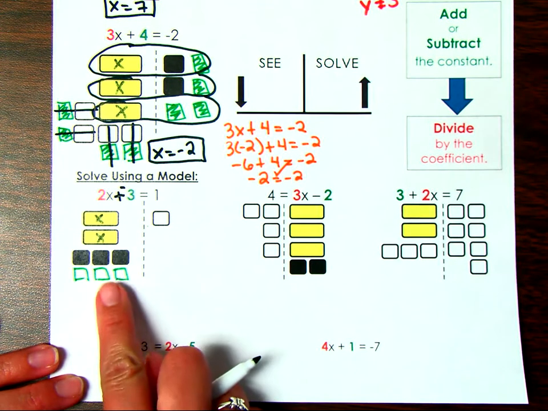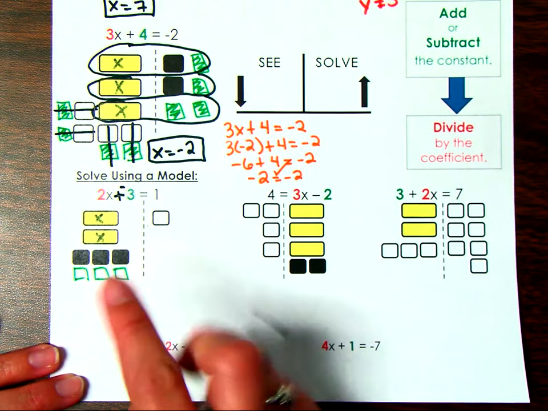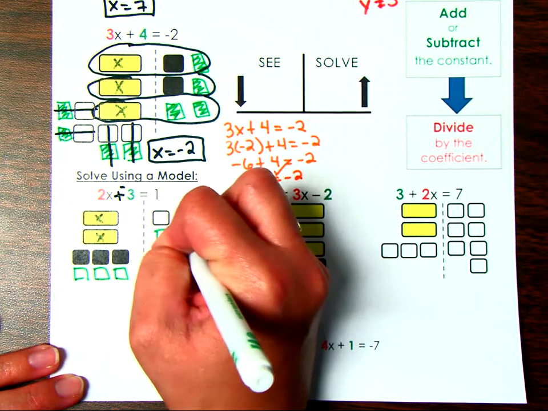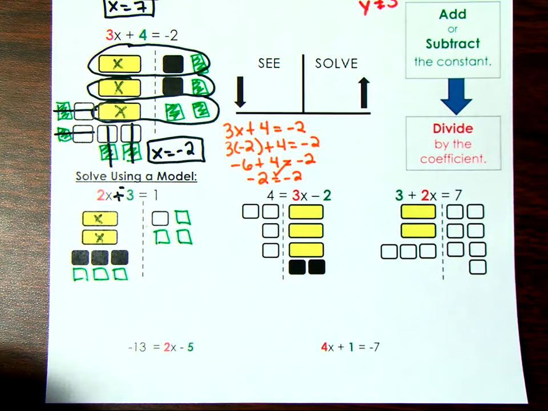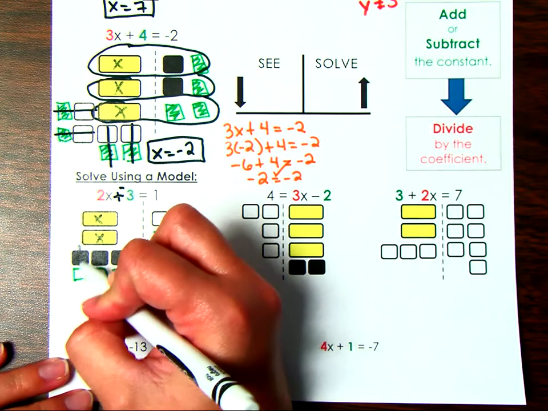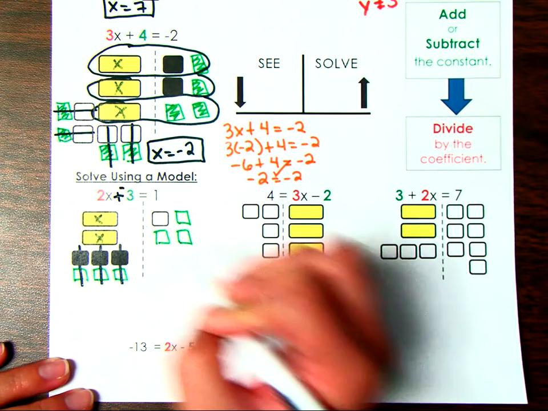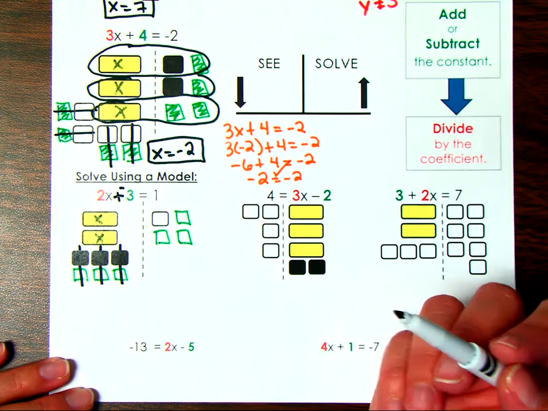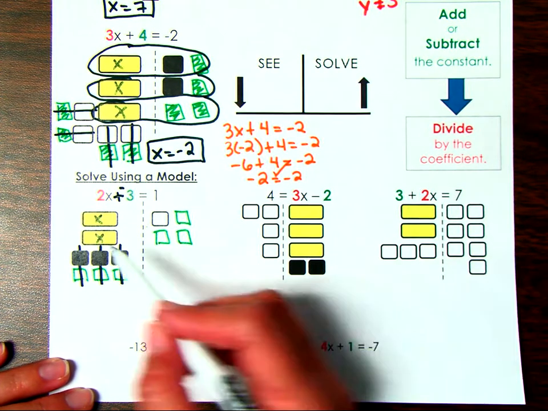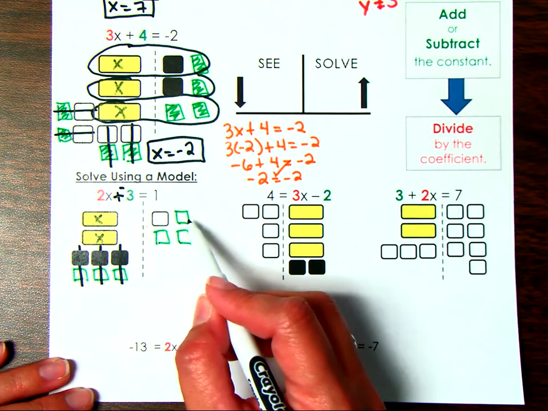But what I do to one side, I have to do to the other to make it balance. 1, 2, 3. Now I create zero pairs where I can. Positive and negative create a zero pair. It's like you have $1, but then you lose $1. Now you have nothing.